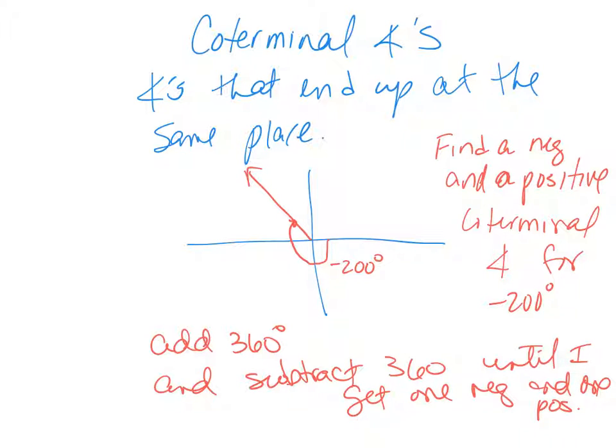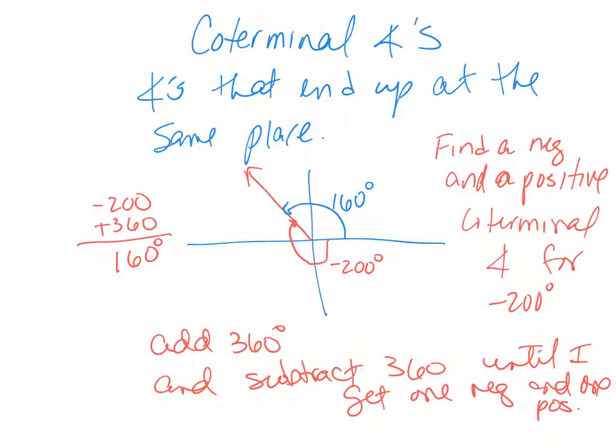If I take negative 200 and add 360, what do I get? 160. Everybody see that? And that's the same as this angle. So 160 is coterminal with negative 200.